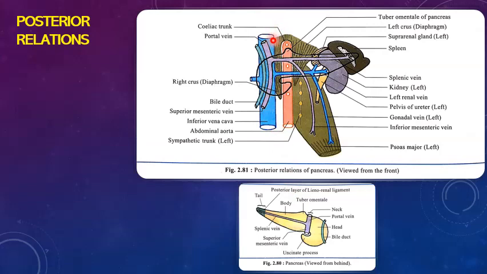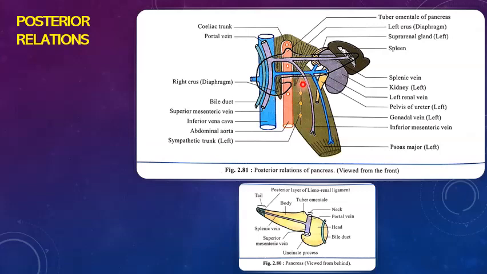Then here, in between the pancreas and the inferior vena cava, there are some structures situated behind the head. One is the right sympathetic trunk and right psoas major muscle. This one is the psoas major on the left side. Similarly, between the pancreas and the inferior vena cava on the right side also, there will be right psoas major muscle and also right sympathetic trunk.